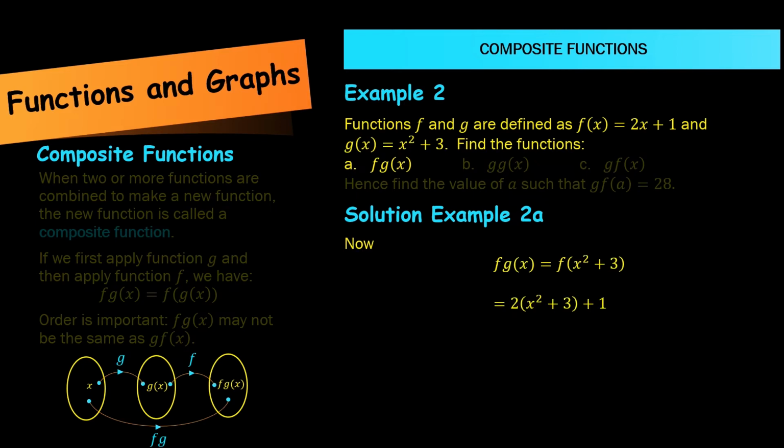If we now apply the function f to this, we obtain 2 times x squared plus 3, which has taken the place of x, plus 1, as shown. And tidying up gives us 2x squared plus 6 plus 1. And this is of course equal to 2x squared plus 7.